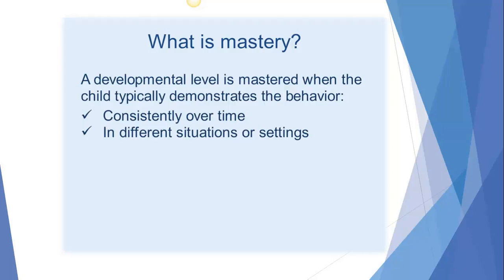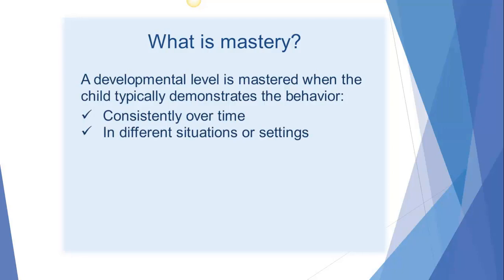They also have to demonstrate it in more than one setting. So if you have a kiddo and they're talking about walking and they've taken their first step, have they mastered walking? No. They are emerging into walking, but they certainly haven't mastered it. If a child's able to run, can you probably safely say that they have mastered walking? They can consistently do it over time in different settings.